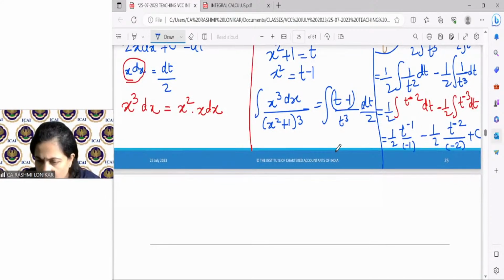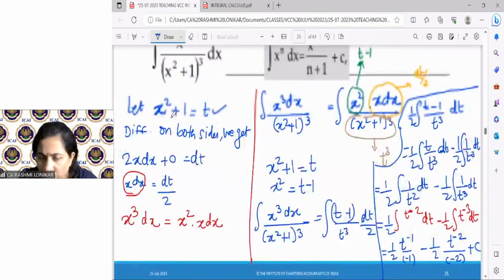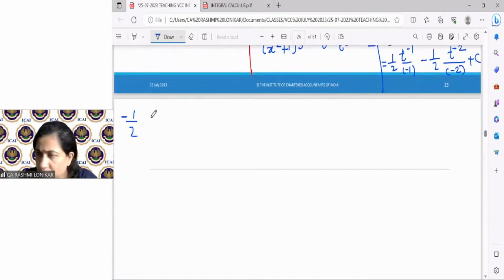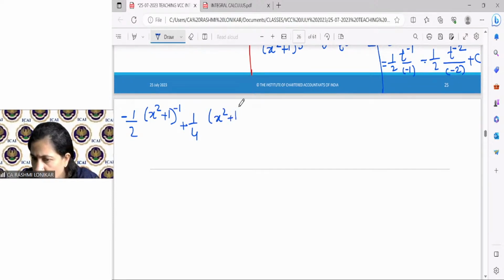Now t raised to minus 1 is equal to 1 half with a minus sign. What is t? I will resubstitute. t is x square plus 1. This is equal to minus 1 upon 2 into x square plus 1, and this minus into minus becomes plus, so this will become plus 1 upon 4 because this 2 is going to multiply with this 2, and t raised to minus 2.